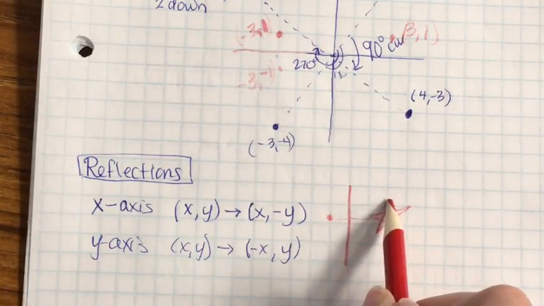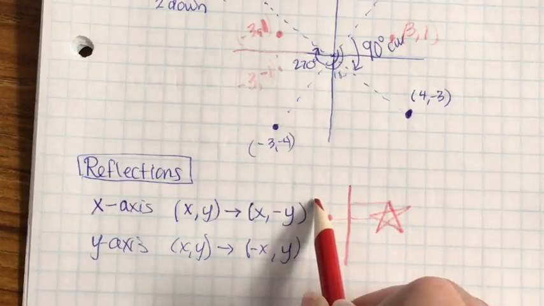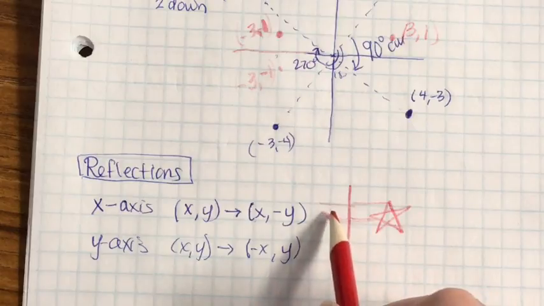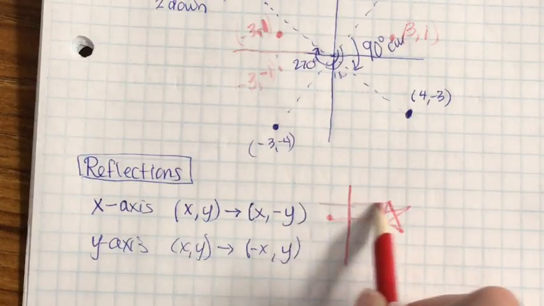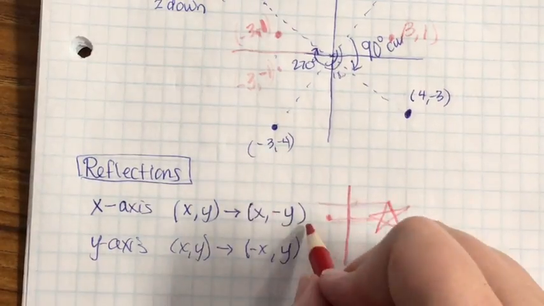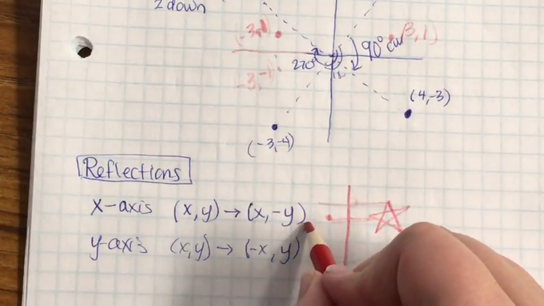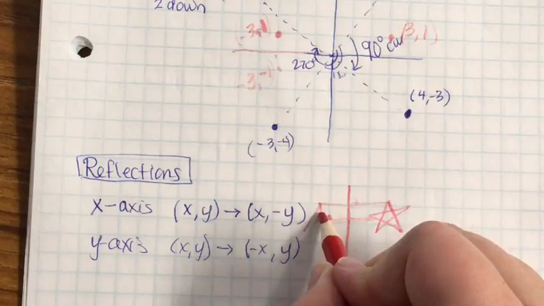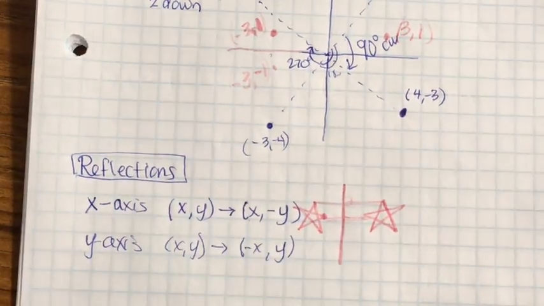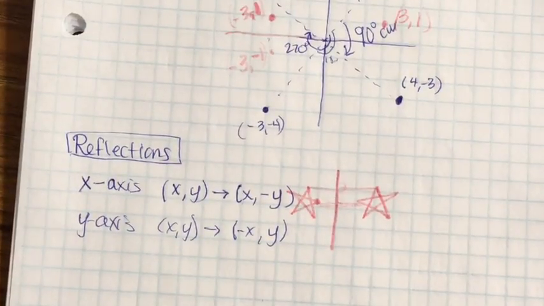This distance right here will be the same distance right there. And then all these distances, if you connect the new one to the old one, those are all perpendicular to the line of reflection. So all those distances would be the same. So that's basically the main things for reflections.